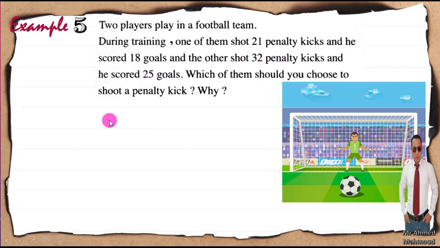Now, to choose which one is better, we are going to evaluate the probability of each of them. The probability of the first equals what? He shot 21 and scored 18, so it equals 18 over 21, the number of scored goals over the total number, which in the simplest form, divided by 3, equals 6 over 7.